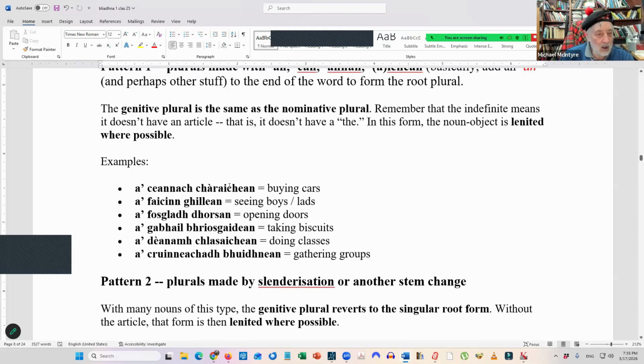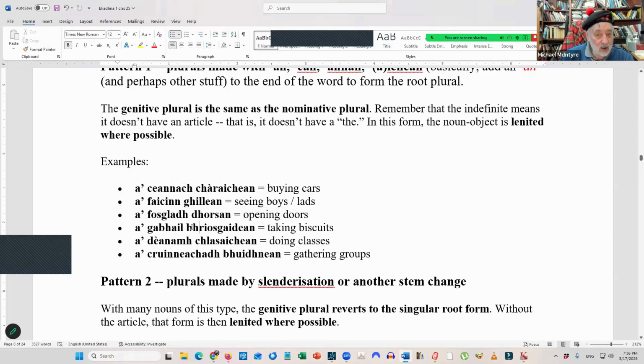Acharachan, buying cars, buying of cars, not of the cars, but of cars. A fechen yilen, seeing boys or lads, seeing of lads. A foslich gorsen, opening doors, opening of doors.